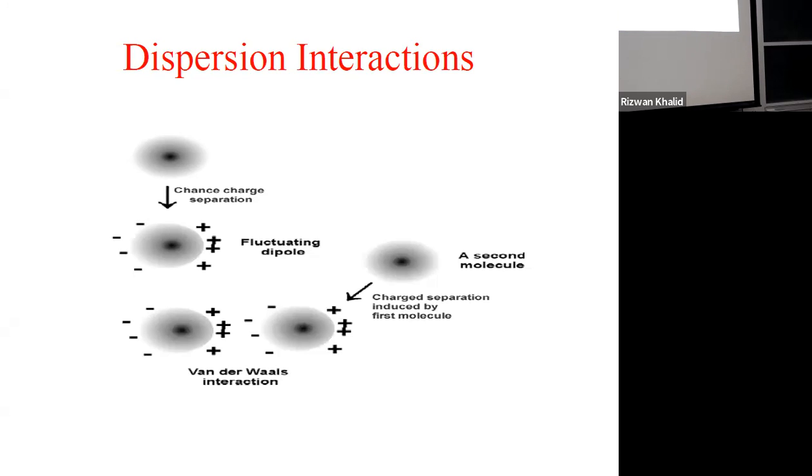So instantaneous quantum fluctuations on atoms introduce instantaneous multipoles on those atoms. And those instantaneous multipoles interact with each other. Remember, it is different from the induced multipoles, which you get, say, if you put an atom in an electric field, it gets polarized.